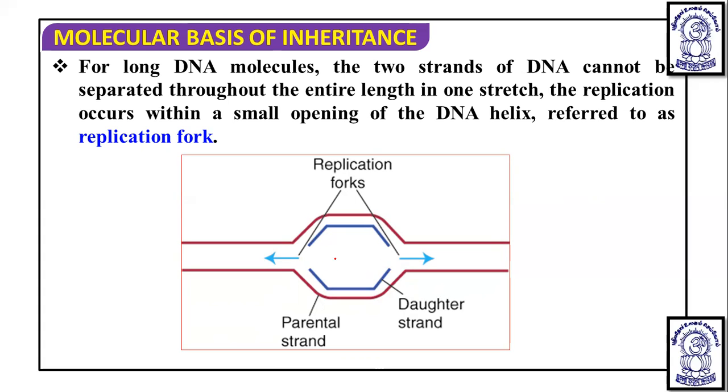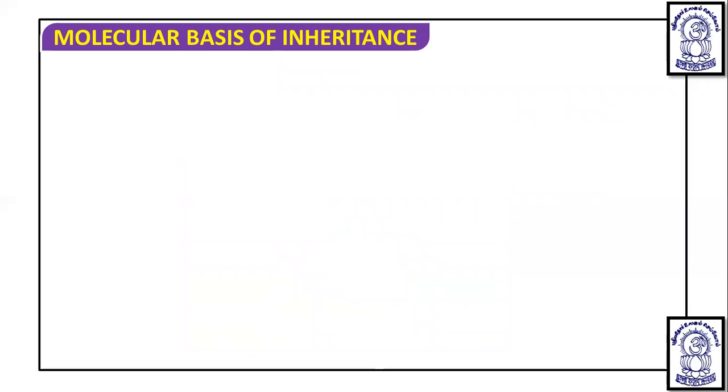So first, the replication fork is going to be produced. And after the replication fork, suppose I am writing this as 5' to 3', and this as 3' to 5'. Then these two strands are single strands.